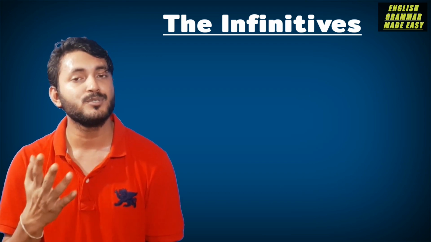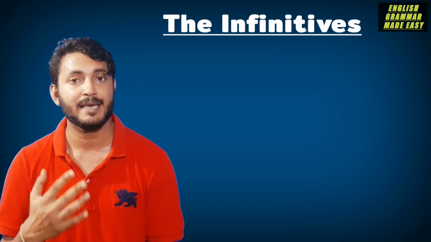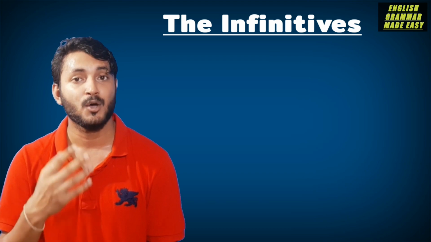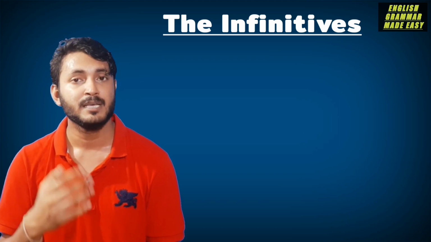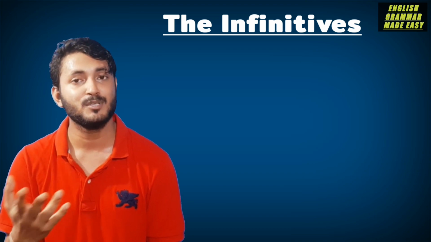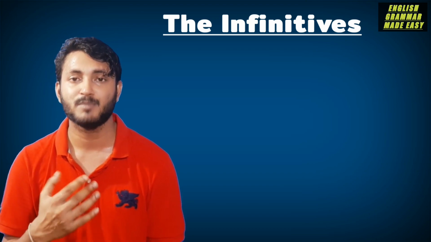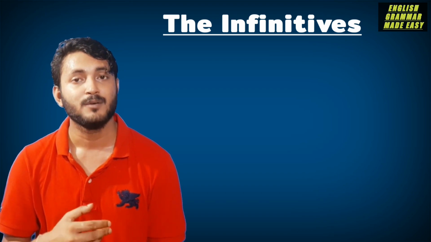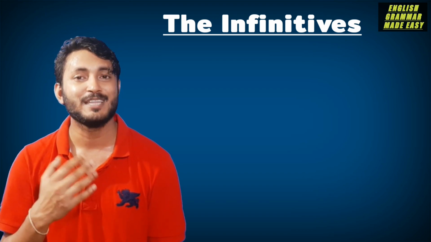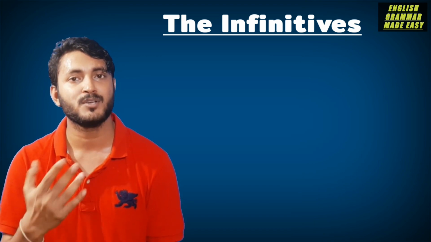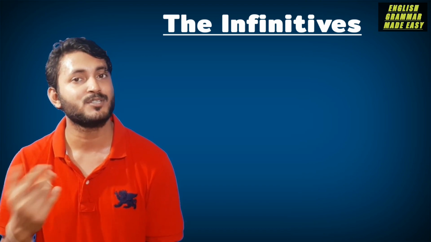So when they are used as nouns, they can be used as subjects of verbs, they can be used as objects of transitive verbs, they can be used as complements of verbs, or they can be used as objects of prepositions. They can also be used as objective complements. When they are used as adverbs, they are used as qualifiers of verbs or qualifiers of adjectives.